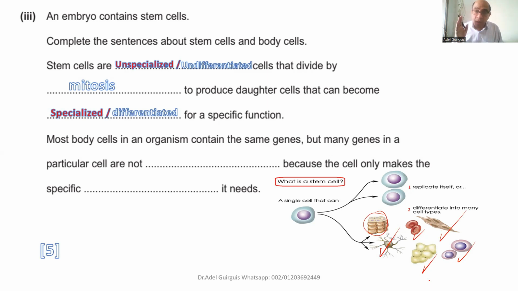Stem cells are unspecialized cells that divide by mitosis to produce daughter cells that can become specialized for doing a certain job. Most body cells in an organism contain the same genes. We have in each cell nucleus about 30,000 genes.